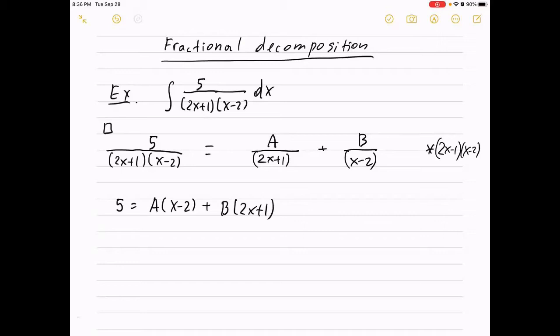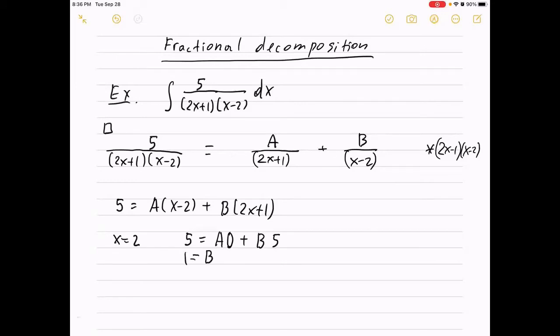Now if we substitute x equals 2 in that expression, we're going to get 5 equals a times 0 plus b times 5. So we're going to get b equals 1.